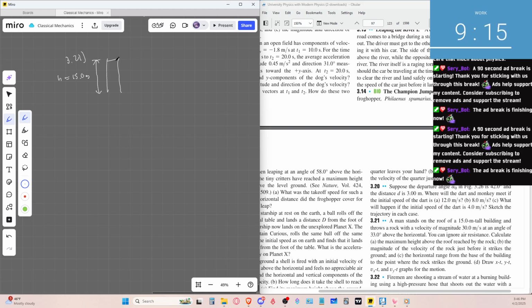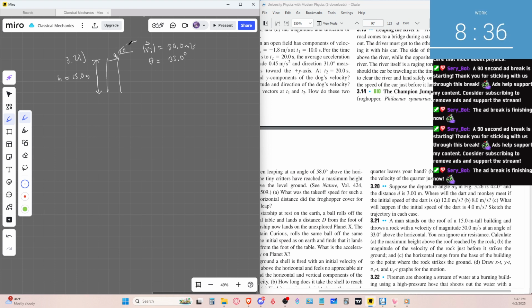Throws a rock with the velocity magnitude. So the initial velocity is 30 meters per second, at an angle, so theta is 33.0 degrees above the horizontal. Okay, so let's just draw a little man here, and then he throws a ball here, and then theta is right here.